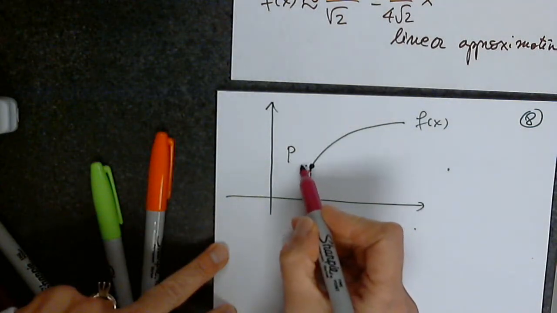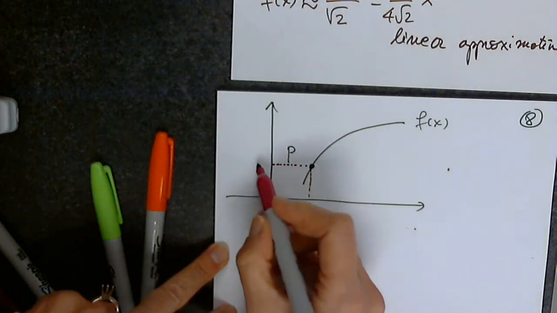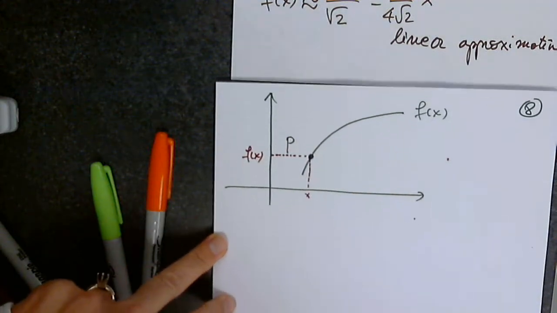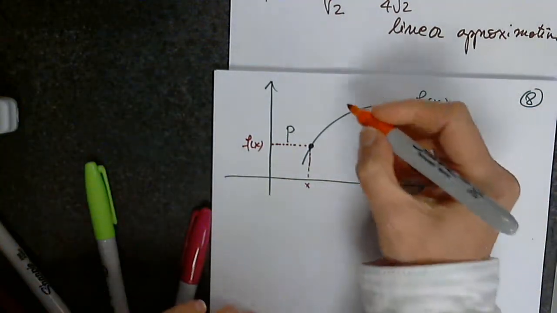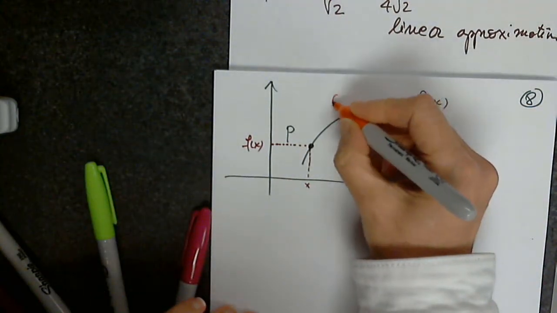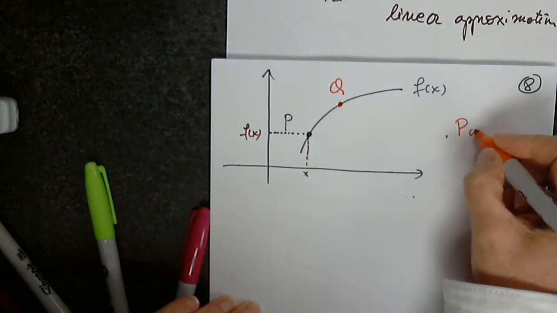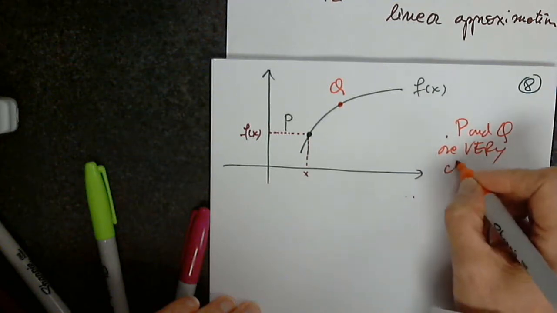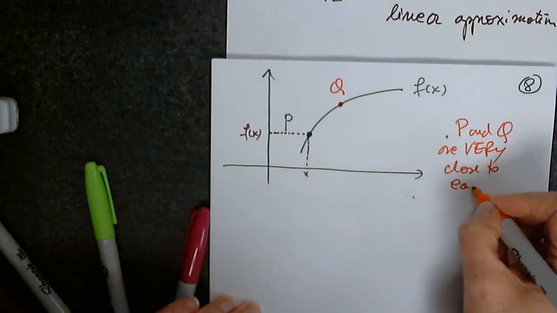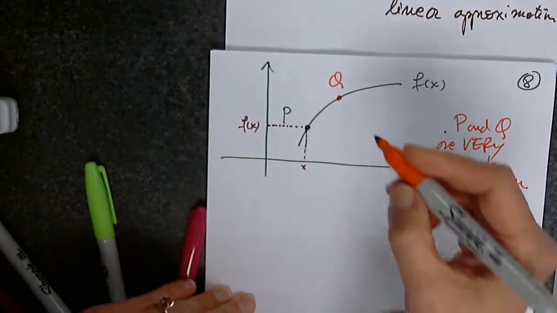And I am going to present another point, let's say Q. In my graph, P and Q are extremely close. P and Q are very close to each other.